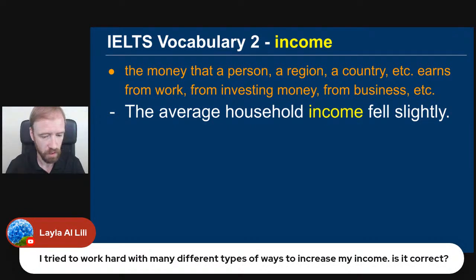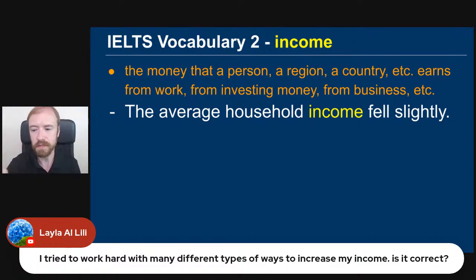I tried to work hard with many different types of ways to increase my income. Is it correct? Yes. So, the government often gives, around the world, if someone is hurt in an accident or they're fired from the job, the government might give some financial benefit or welfare.